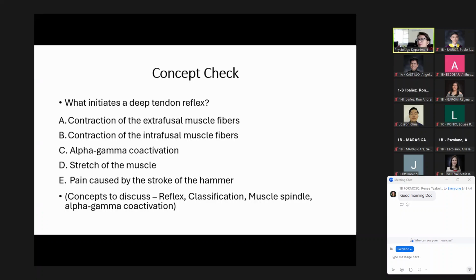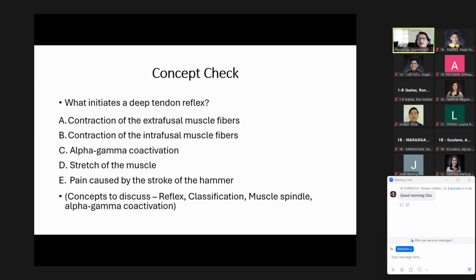So as I've said, we'll be discussing the reflex in general, the components of the reflex, which was introduced to you before. Okay, na-introduce ito when you had your autonomic nervous system. Okay, and then we will be spending some time looking at the classification of your reflexes. Now, why is this important?